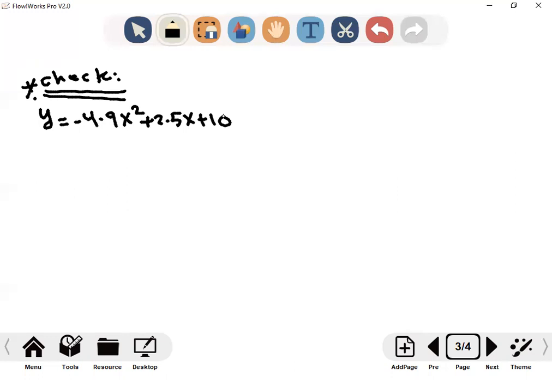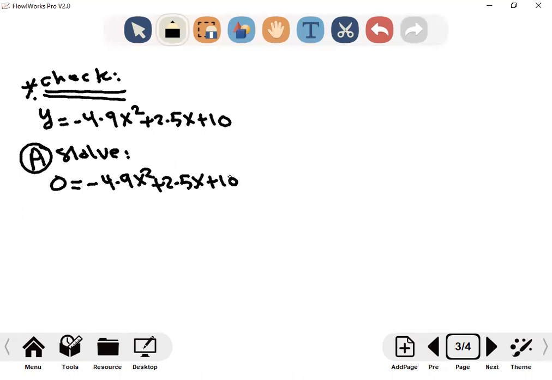Okay. Solve part A. Solve 0 equals negative 4.9 x power 2 plus 2.5 x plus 10. Right?